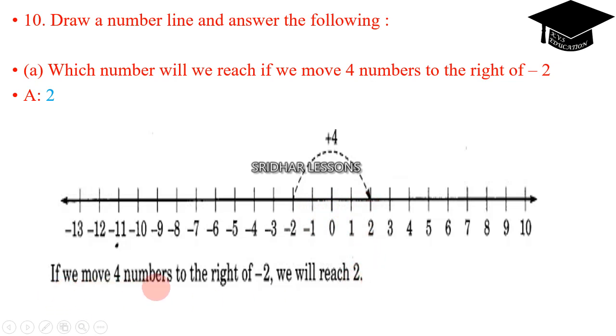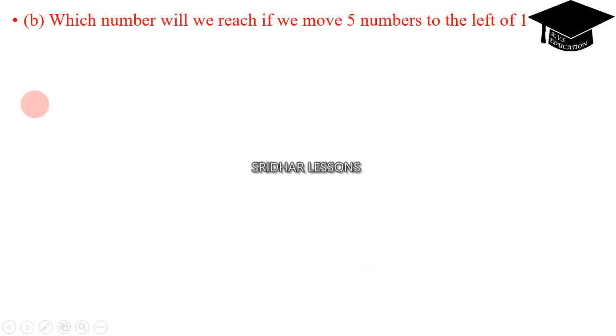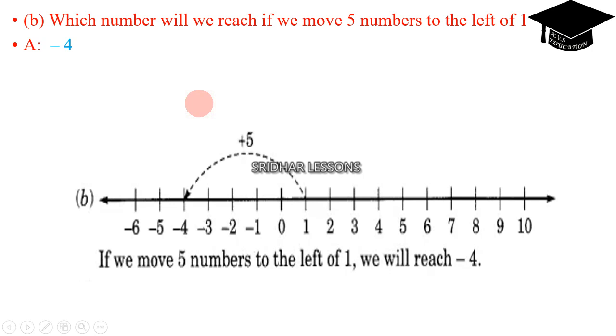Next question. Which number will we reach if we move 5 numbers to the left of 1? To the left, automatically we will get a lesser value than 1. How many positions? 5 positions from 1: 1, 2, 3, 4, 5. So the answer is minus 4.